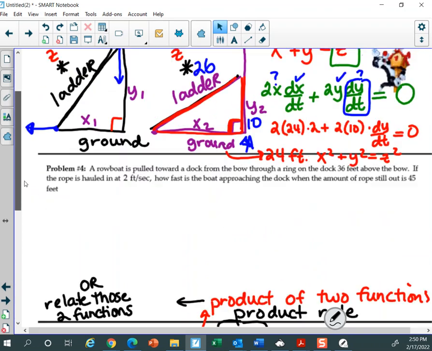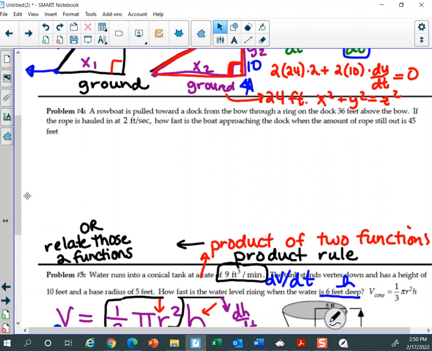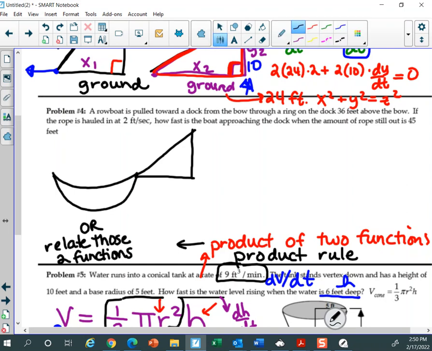Okay, let me draw you the rowboat problem as best I can remember how it works. All right, so the boat's like this, the rope goes like that, and like that, and so essentially we're looking at a right triangle. This is my rowboat, and this is the dock.